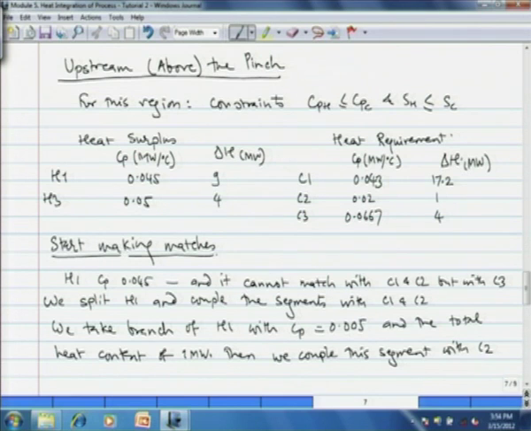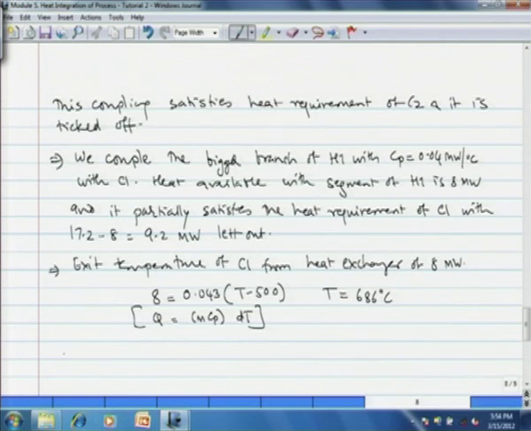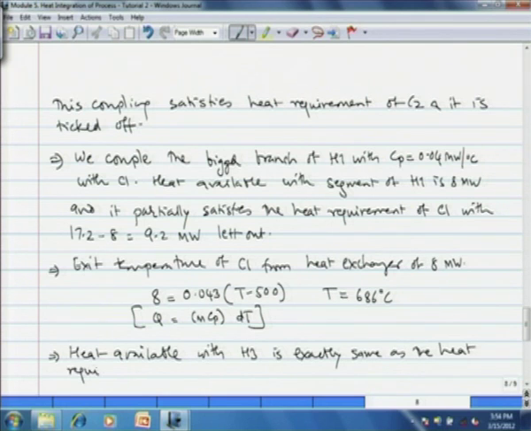So, it can be easily coupled, and the heat that is available with H3 is exactly the requirement of C3. Therefore, H3 C3 can be coupled. So, that point we note. Heat available with H3 is exactly same as the heat requirement of C3, that is 4 megawatt.